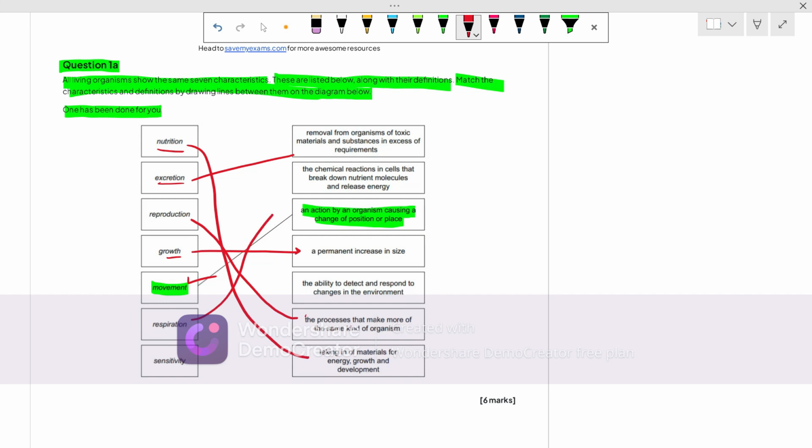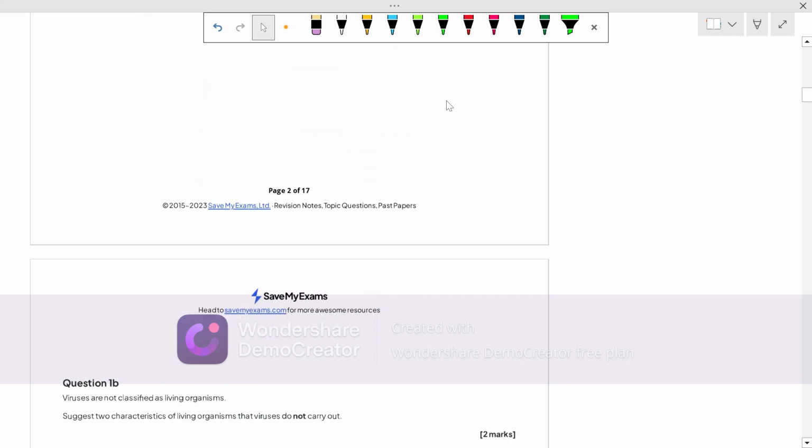Respiration is the chemical reactions in cells that break down nutrient molecules and release energy. Sensitivity is the ability to detect and respond to changes in the environment. And that is 6 marks. Let's move on to the next question.